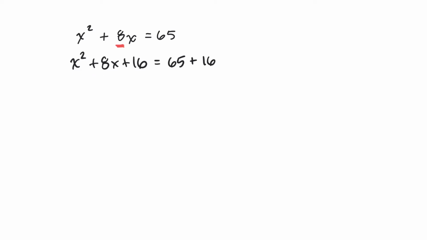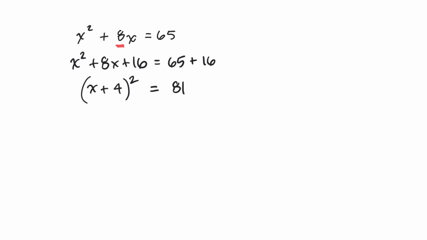That's going to be 4 and 4. And so this will factor into x plus 4 times x plus 4, or x plus 4 squared. Okay, and then that will equal, and 65 plus 16 is 81.